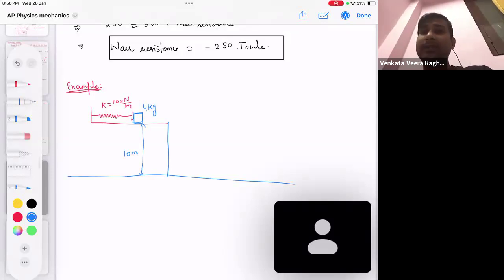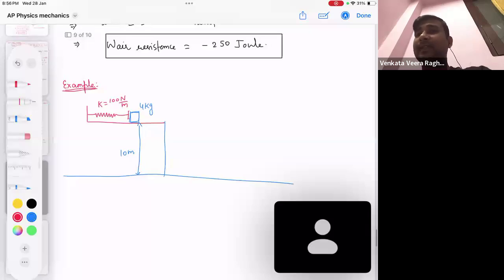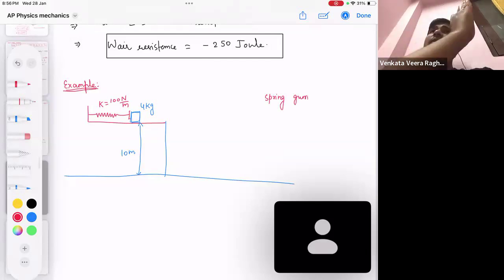And the question says this spring gun is compressed by, let's say, 50 centimeter, and then it is released. I mean, a block is there, you have pressed the block by 50 centimeter, and then you are releasing. So what will happen?